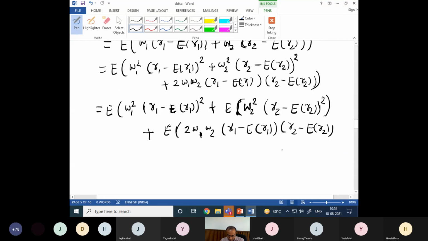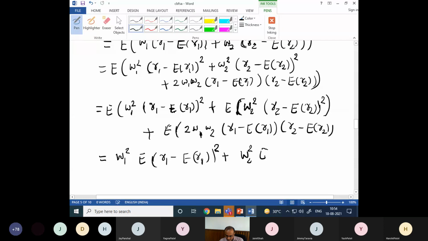Now we see again the linearity property of the expectation operator. So W1 square is a weight of the portfolio which is constant, which I can take outside because W1 is constant, W1 square is also constant. So it is expectation of (R1 minus ER1) whole square, plus similarly here W2 square I can take common and expectation of (R2 minus ER2) squared.